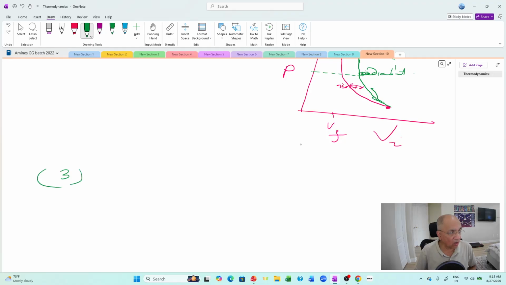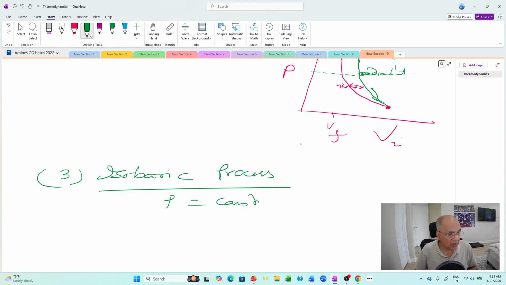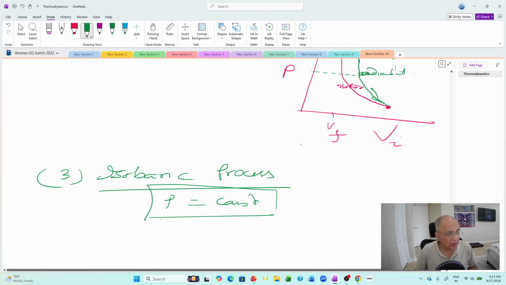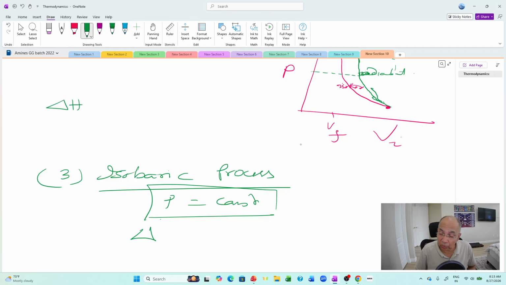This all said and done, let us go for isobaric, where P is constant. So here, by the way, for adiabatic, I have not told you that it has a del H value, which is equal to n Cp delta T. There is a change in temperature.